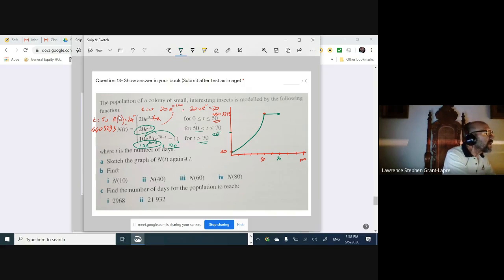So 20 e to the power of 10 is, when you get the actual number, about 264,000 point 7.